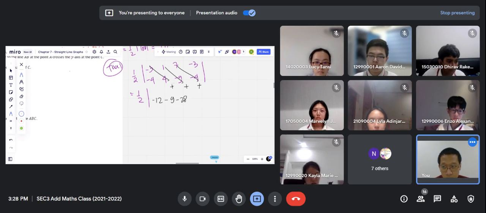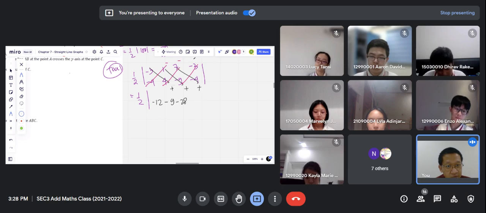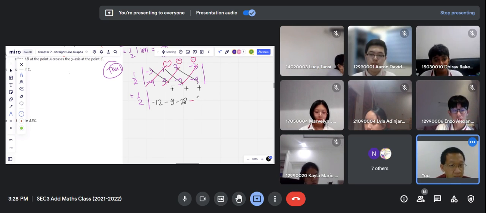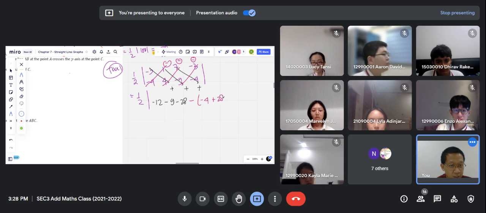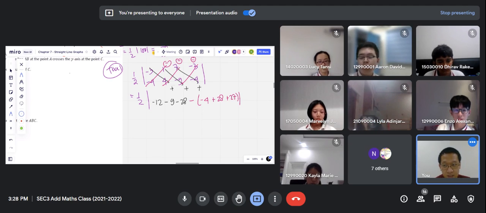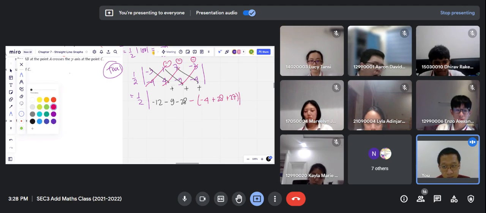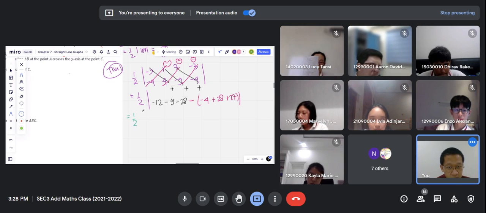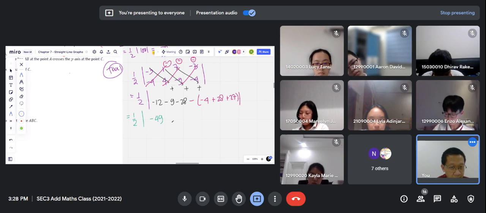And then this, and this, but they all should be negative. So for me, I'll do subtraction by negative 4 plus 28 plus 27. I'm going to put it this way, right? Then let's do the calculation. So we get half. This is negative 49 by calculator, right?